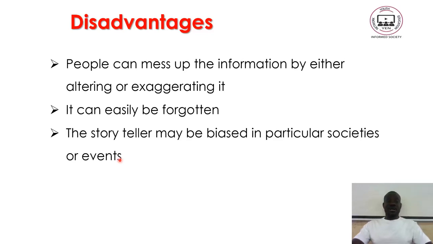So when he, for example, is talking about a conflict between two societies, he or she has a society which he or she can favor. In that way, he can be biased in particular societies or events. He can favor or can talk much better of a particular thing than the other. That one is to be biased.